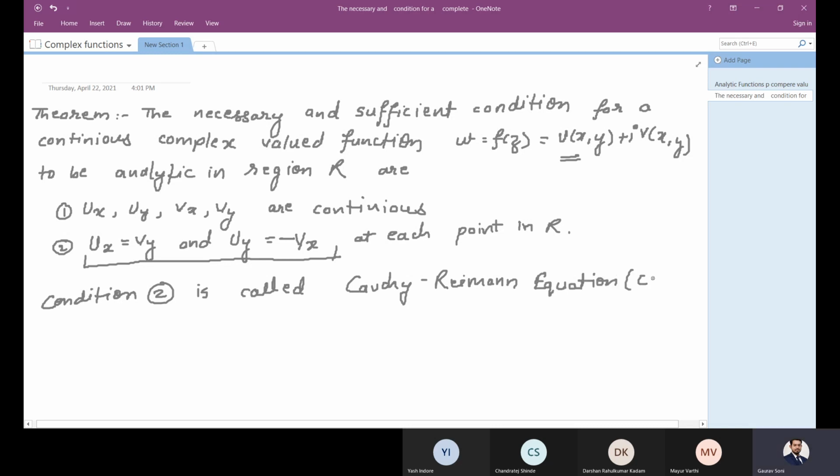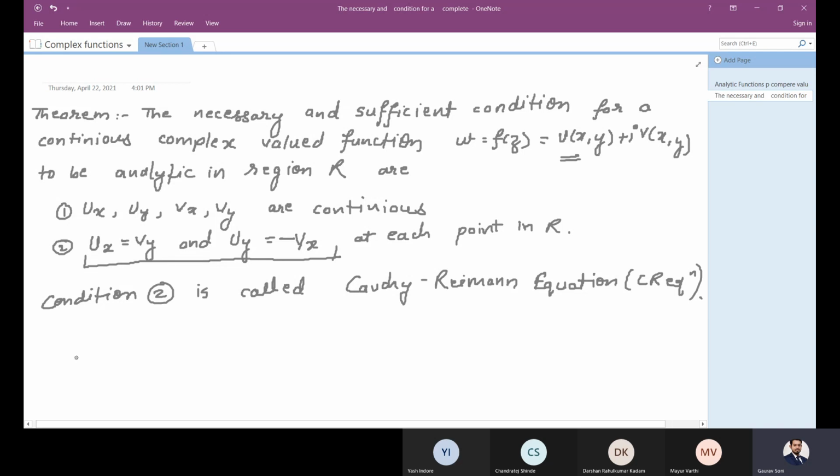So for a function to be analytic, it must satisfy the CR equation. What are the CR equations? ux equal to vy and uy is equal to minus of vx. If this condition is satisfied in a given region, then the function is analytic in that region. And what about the derivative?